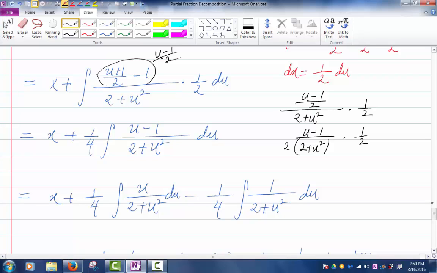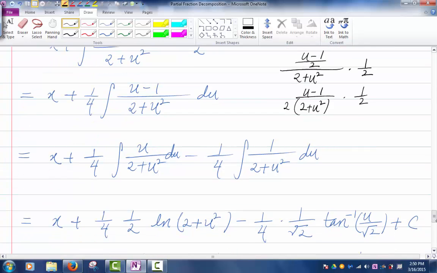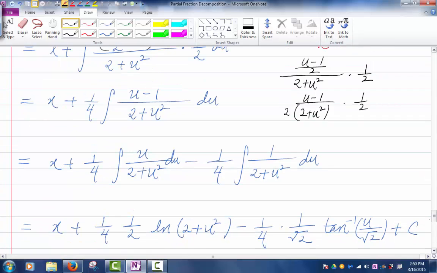You're going to do another substitution here. What will be the substitution? Let's say take v to be the denominator. If you do that, you're going to end up with ln of 2 plus u squared, with a half. And then the second one, what will that be? Again, tangent inverse of what?